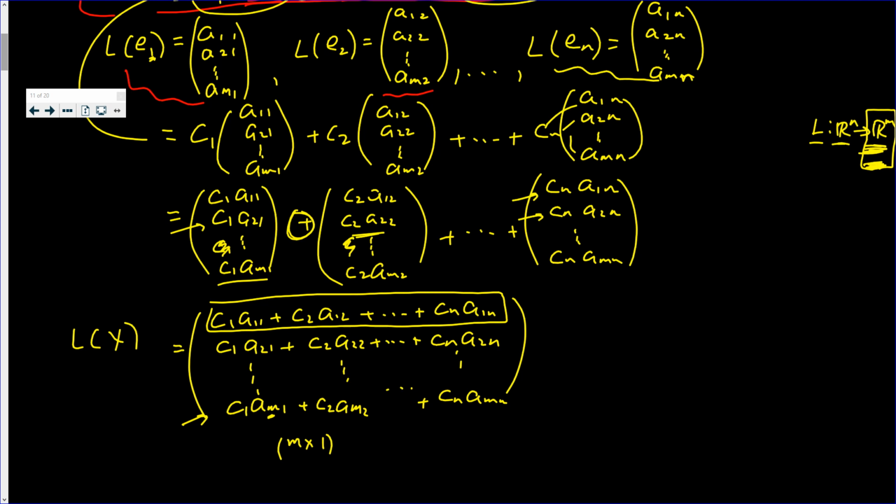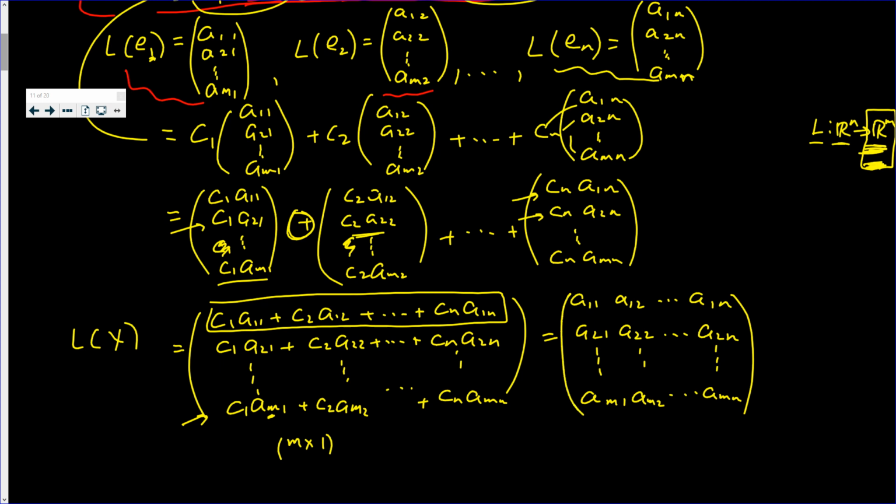But this is the same as the matrix with rows A11, A12, all the way down to A1n, A21, A22, all the way down to A2n, and so on, down to AM1, AM2, up to AMN.